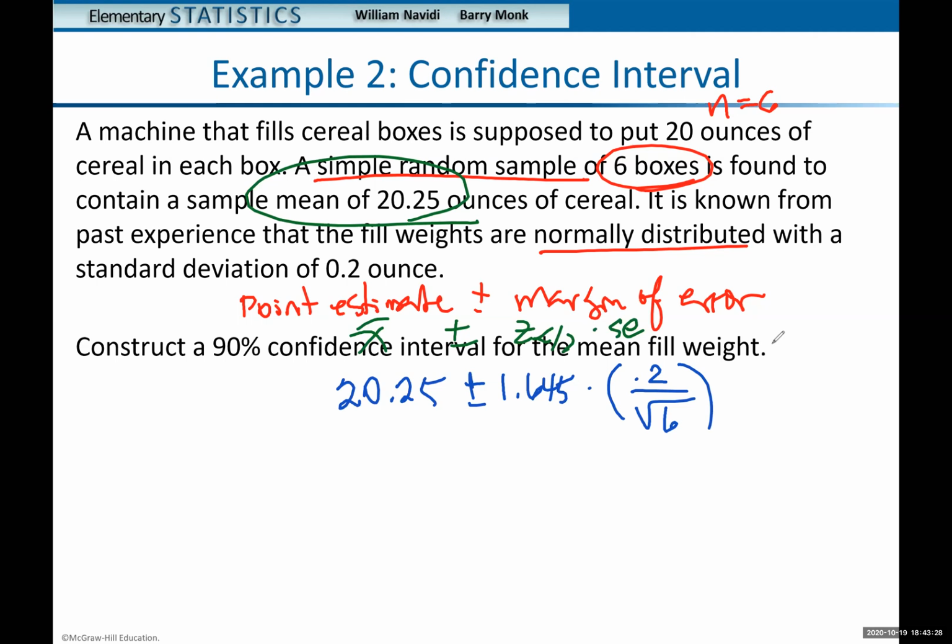Okay. So now this is going to be 20.25 plus or minus, let's multiply that, 1.645 times 0.2 divided by the square root of 6.